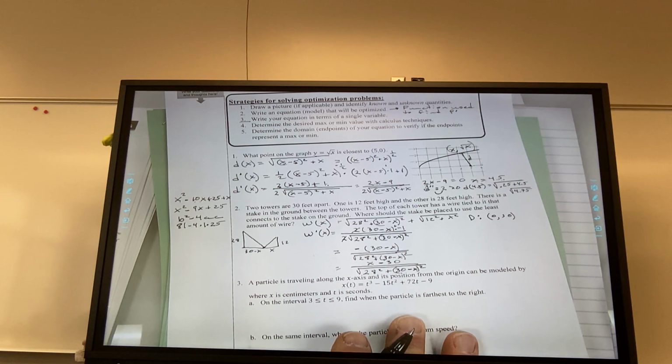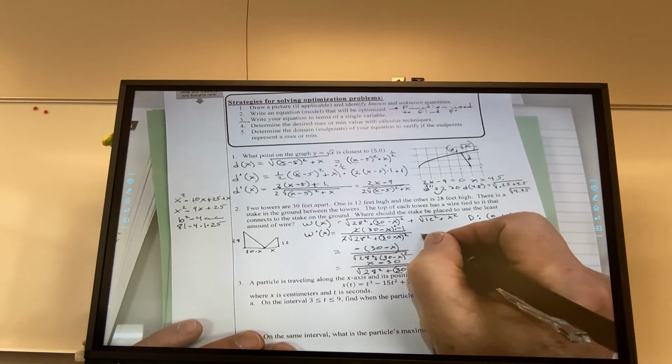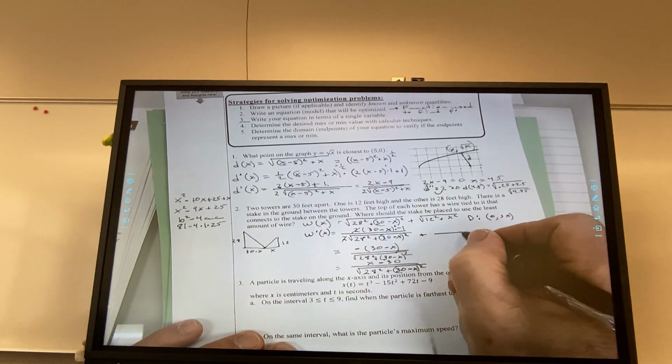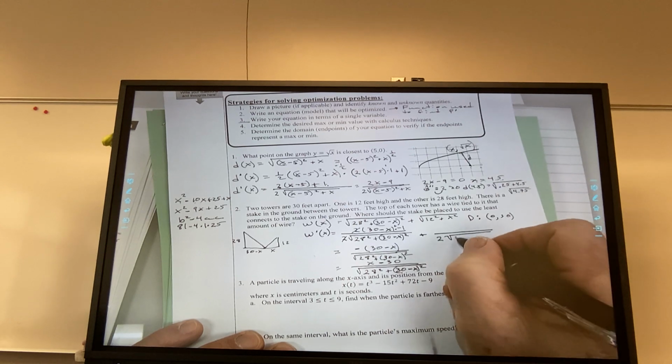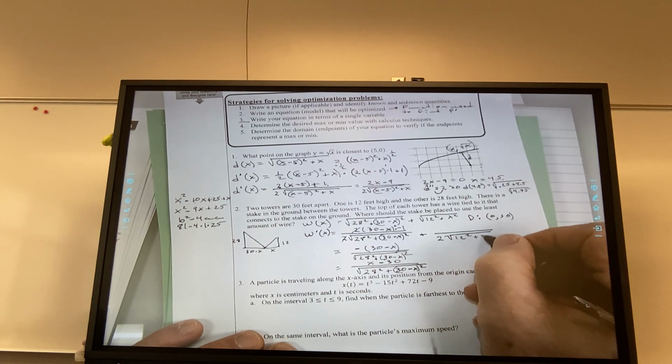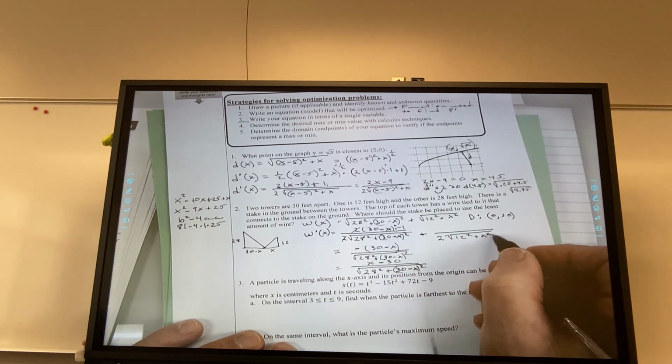All I did was distribute the negative 1. Okay, this is going to look the same thing. Down here, I'm going to have 2 square root of 12 squared plus x squared. And then I'm going to take the derivative of this on top.